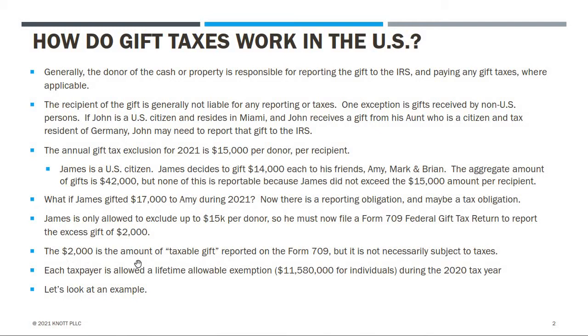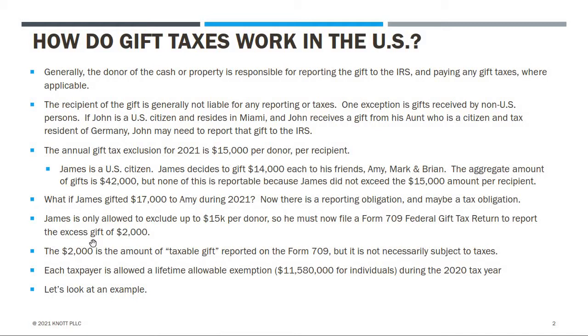Now, the $2,000 is deemed to be taxable on the return, so when we look at the return, you'll see taxable gift, but it doesn't really mean he's subject to taxes in the current period. And so the reason for that is each taxpayer is allowed a lifetime exemption, which you can use to credit against over your life to try to basically defer the taxes. If necessary, you even have to pay them on your death.